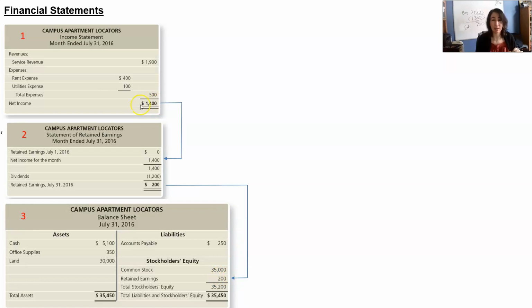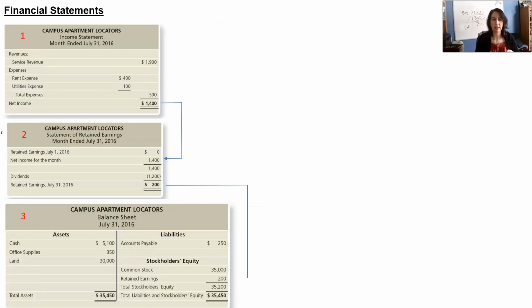You need net income to prepare the statement of retained earnings. You need the final retained earnings number to then prepare the balance sheet. So you have no choice but to do them in this order. We do financial statements in Chapter 4, so don't be too concerned if you're feeling overwhelmed by this.